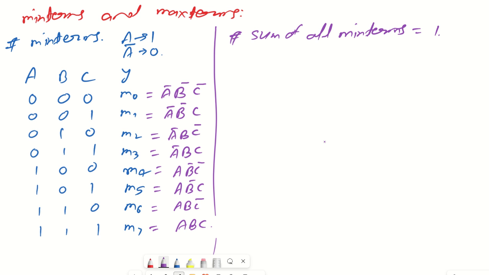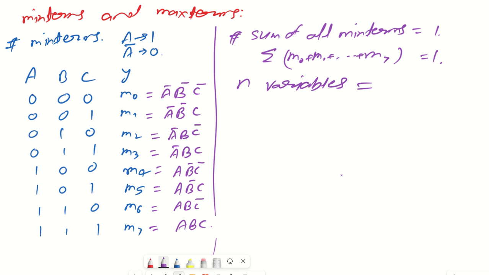It doesn't mean that I always have to take 3 variables. If it is 2 variables, you will have M0 up to M3 only. If you have 4 variables, there will be more terms. So the total number of terms will be 2 to the power n.